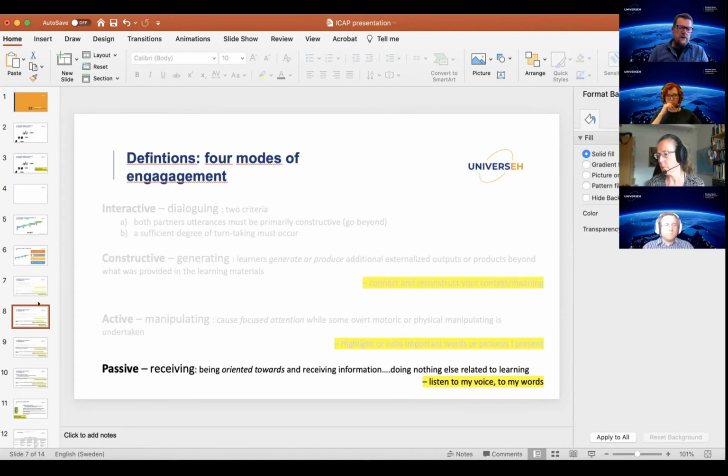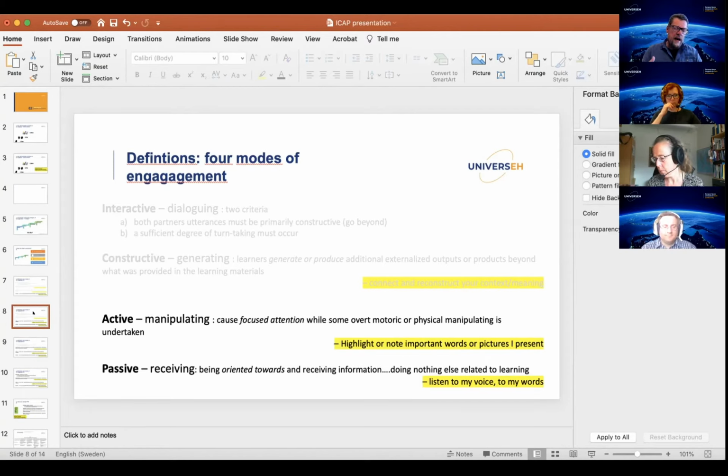The next level is if we could bring them into an active mode, so to say. When we have brought our students into active mode, we have caused them more focused attention. They are taking notes of important words that I say, or highlighting in an article, or discriminating parts of an article that are not useful.